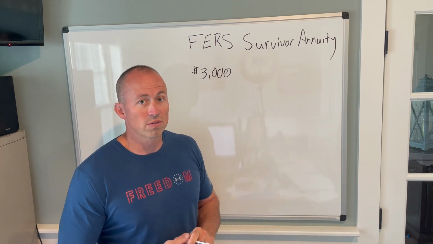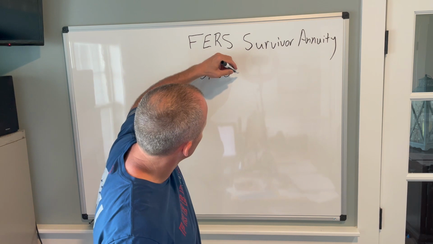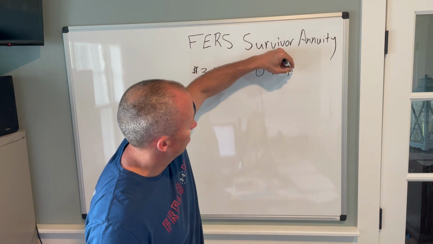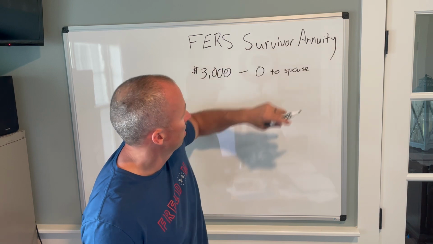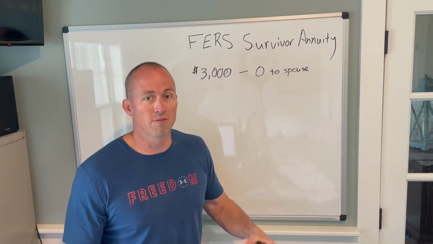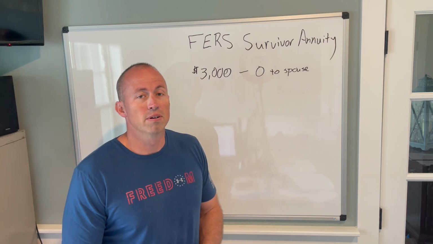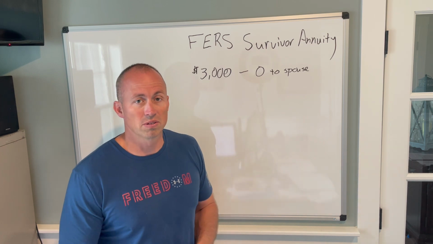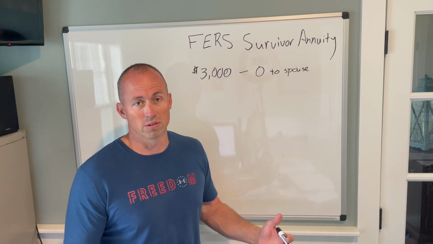And if you choose no survivor annuity, that means $0 to spouse, okay? The only exception here is if you haven't used everything that you've paid in. However, most FERS retirees are going to use all of their contributions within a year or so.